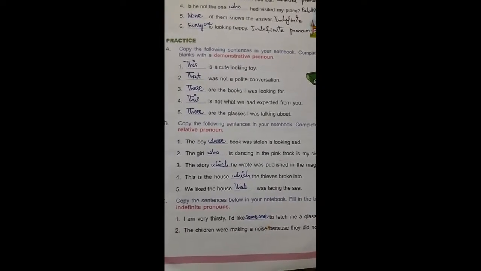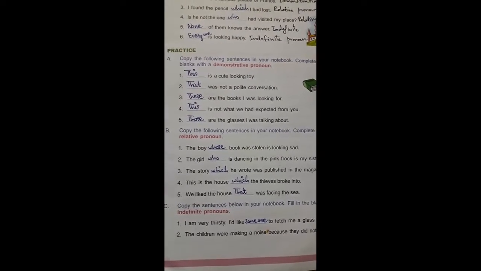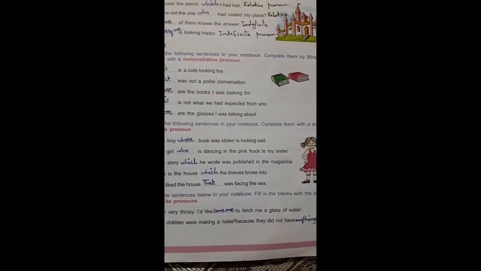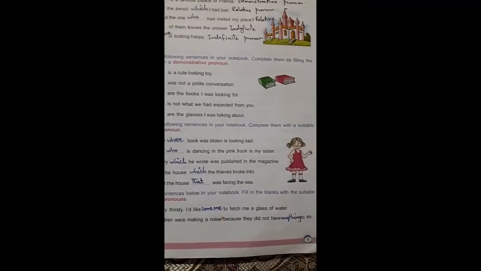So in the first one, I'm going to fill it up like this. I am very thirsty. I would like someone to fetch me a glass of water. We will fill it up with someone because it is most appropriate. The children were making a noise because they did not have anything to do.